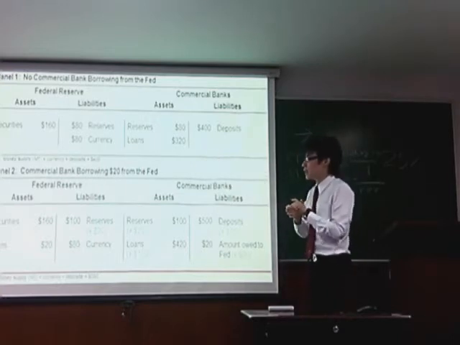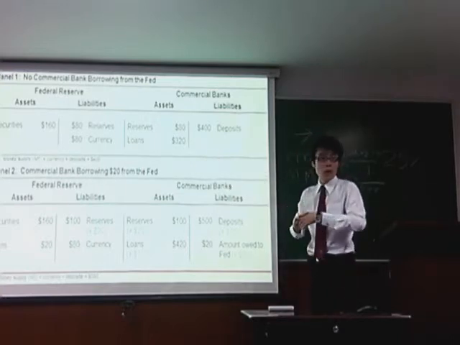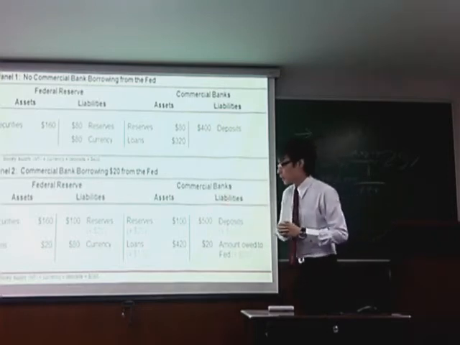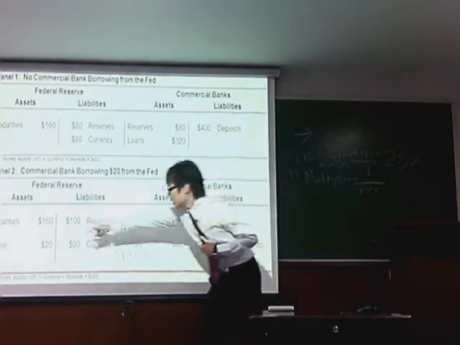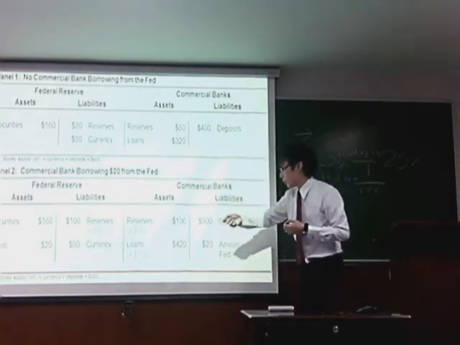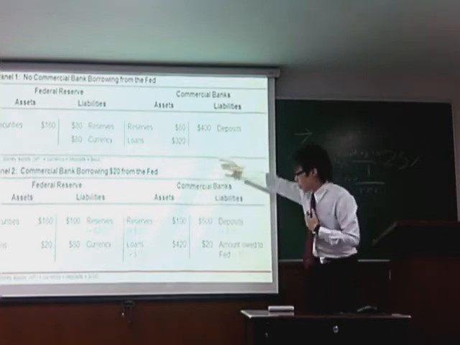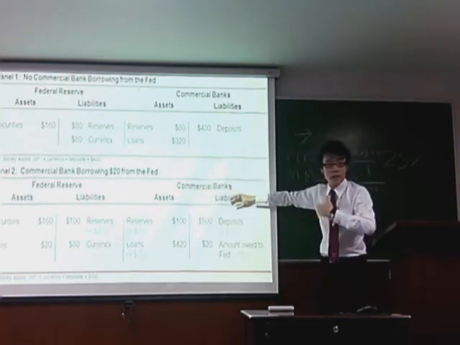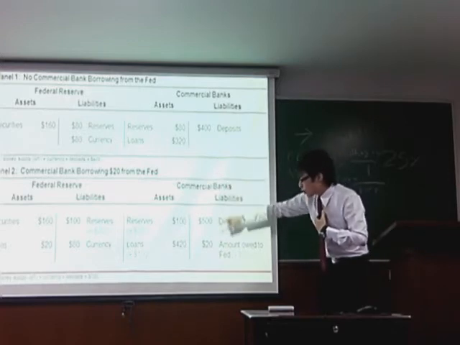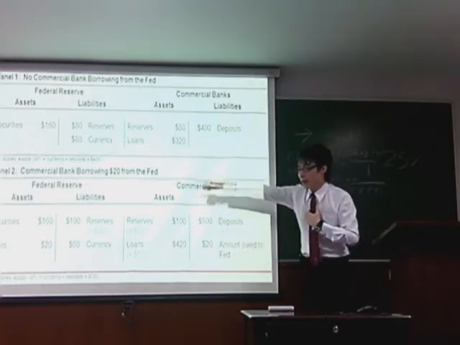So let's see what happens if the commercial bank decides to borrow $20 billion from the Fed. So here we go. Loans of $20 billion. The Fed gives out loans. On the commercial bank side, these serve as liabilities, debts. Okay, commercial banks owe $20 billion to the Fed.